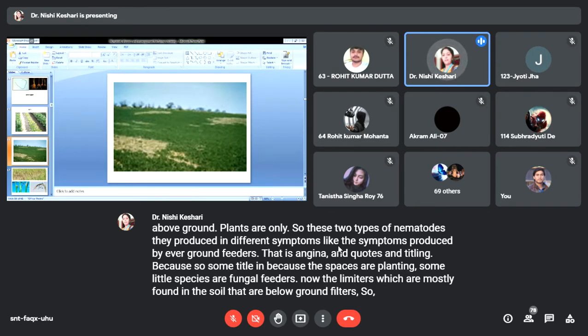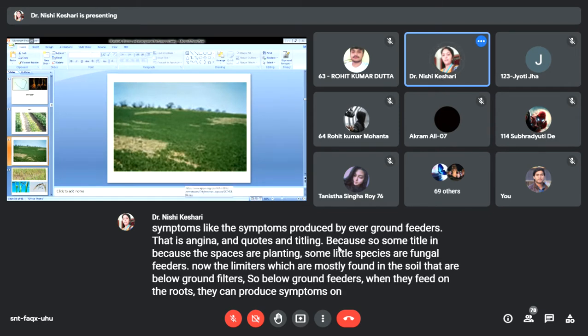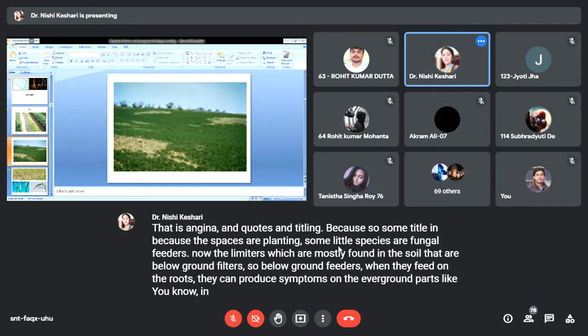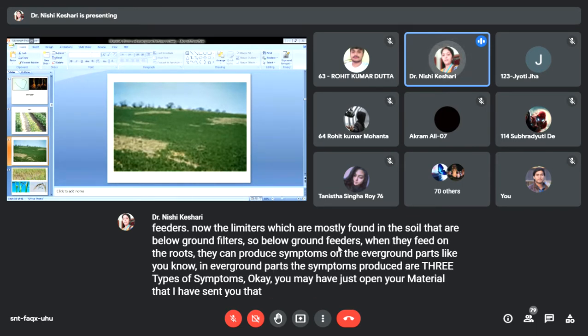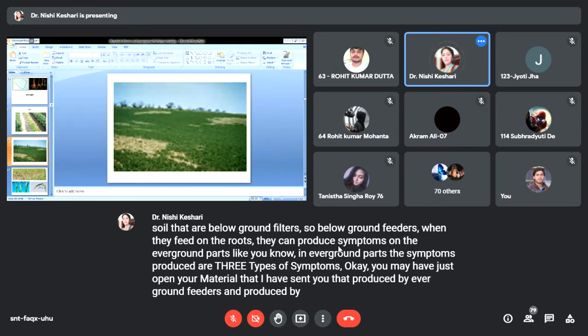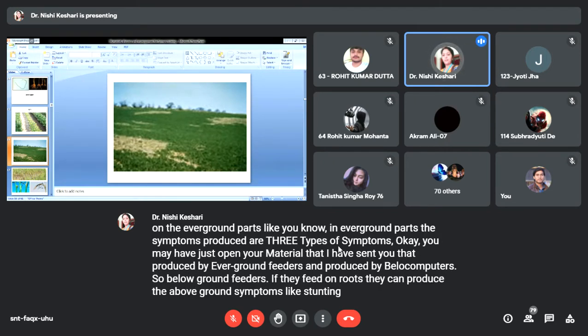So below ground feeders, when they feed on the roots, can produce symptoms on the above ground parts. There are three types of symptoms, which you may see in the material I have sent you, produced by above ground feeders and by below ground feeders. Below ground feeders, if they feed on roots, can produce above ground symptoms like stunting, yellowing and wilting. Why?